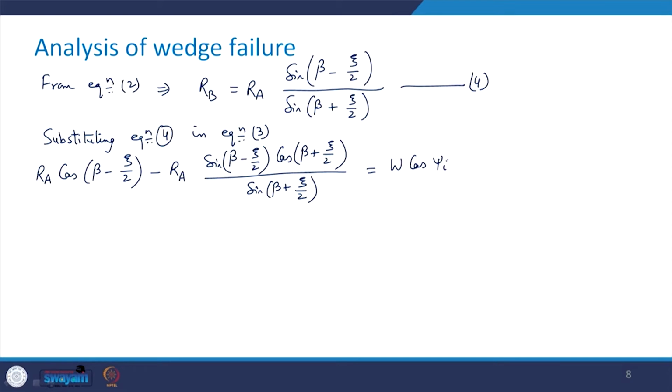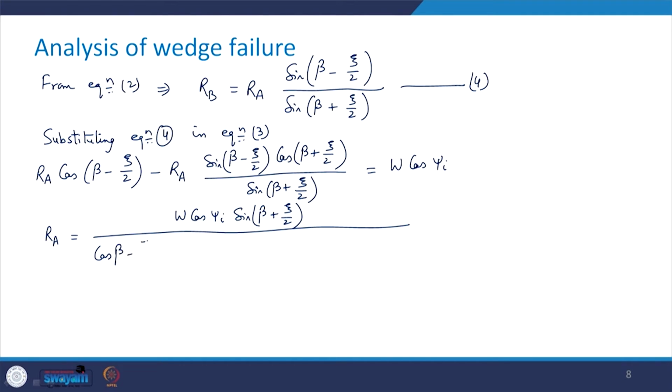Or from here one can determine the expression for RA, which will be simply W cos psi i sin of beta plus zeta upon 2 divided by cos of beta minus zeta by 2 sin of beta plus zeta by 2 minus sin of beta minus zeta by 2 cos of beta plus zeta by 2.